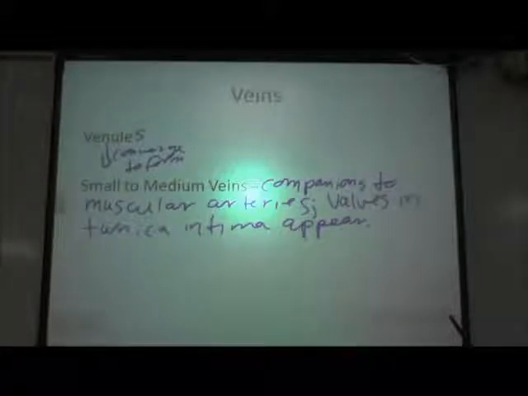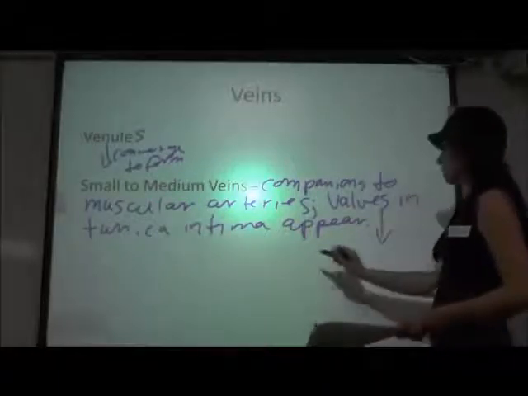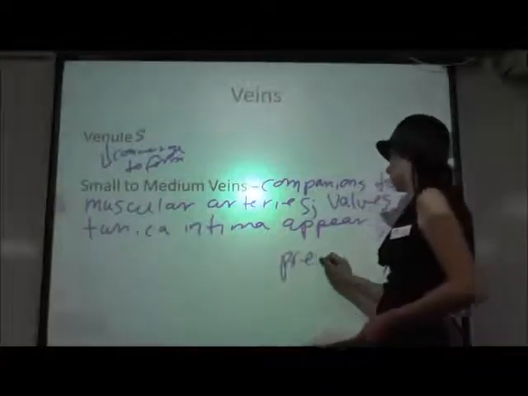Really quick, the venules converge to form the small veins, and the small converge to form medium veins. And the point of these valves is to prevent the backflow of blood.